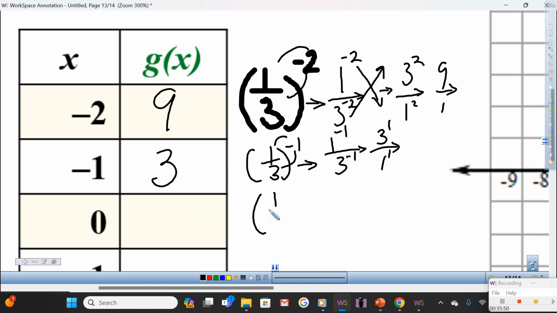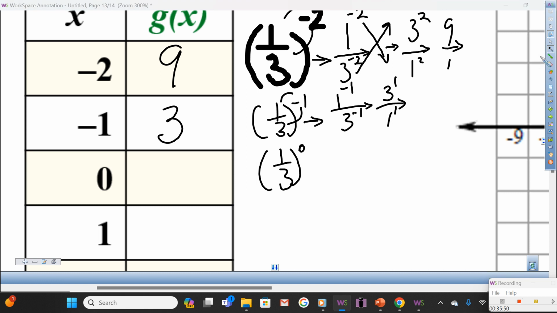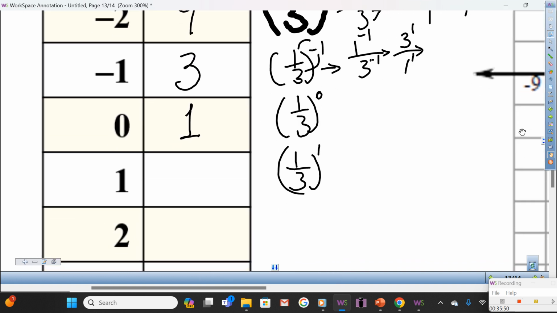All right, let's do the next one. 1/3 to the 0. Tell your neighbor what that is. What is that, Danny? 1. How about 1/3 to the 1st? What is that? 1/3, that is correct.